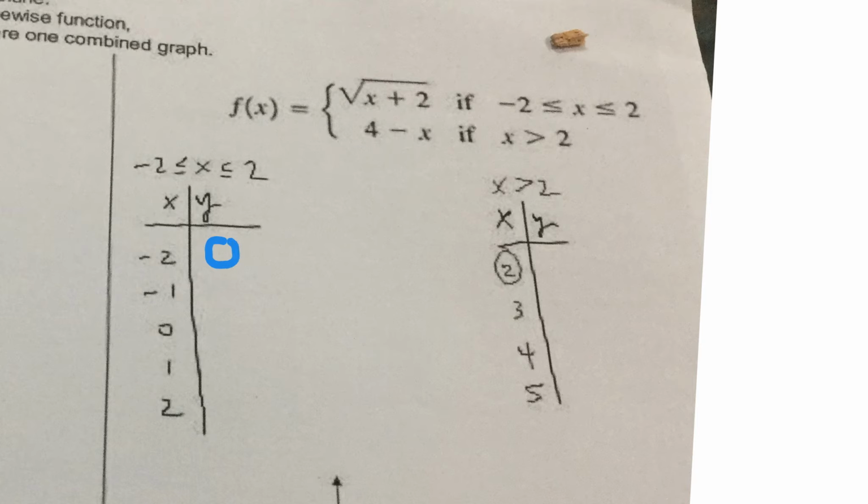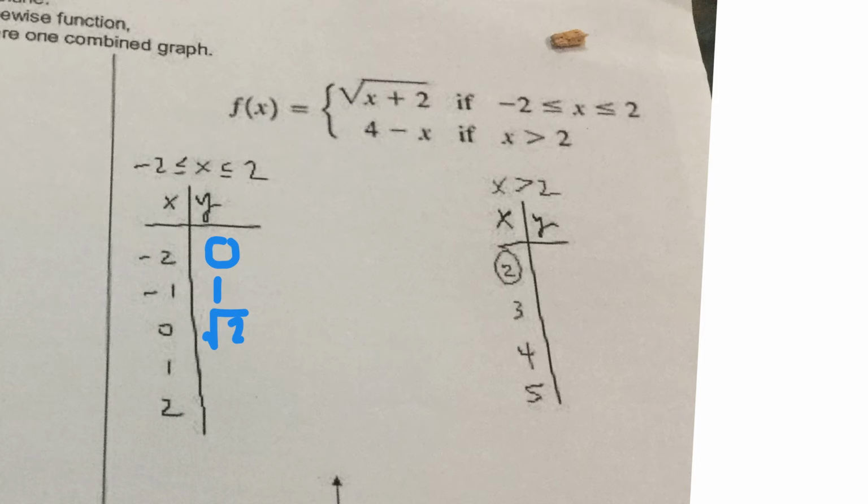If I plugged in negative 1, the square root of negative 1 plus 2 would be the square root of 1, which is 1. If I plug in 0, I'll get 0 plus 2. The square root of 2 is an ugly number, radical 2.